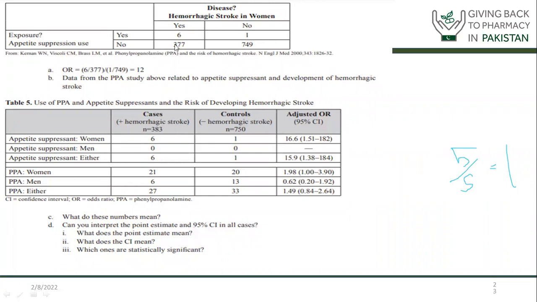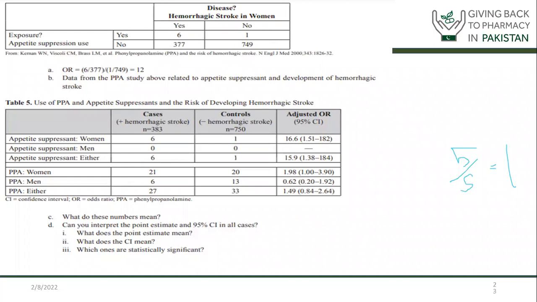Then 377 plus 749 individuals are not taking appetite suppressants, but out of them 377 got the hemorrhagic stroke, and 749 didn't get the hemorrhagic stroke.